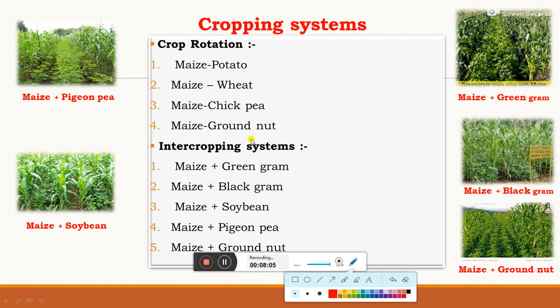Then in the intercropping system, as maize being a non-legume, along with the maize, we select green gram, black gram, soybean, pigeon pea, and also groundnut as the leguminous crops, which will be helpful for the maize and also get more yield from both the intercrop and the main crop. This is the intercropping systems followed in the maize.